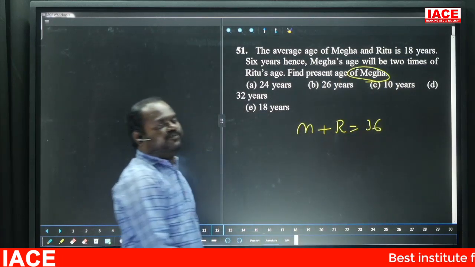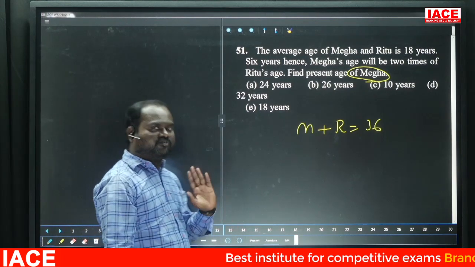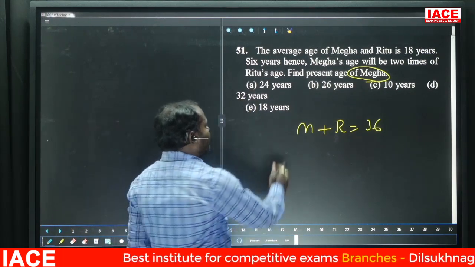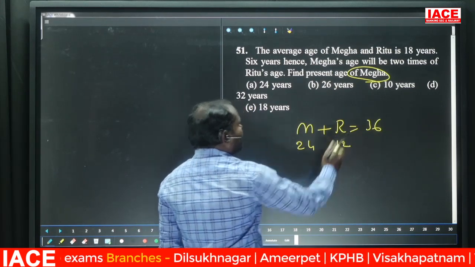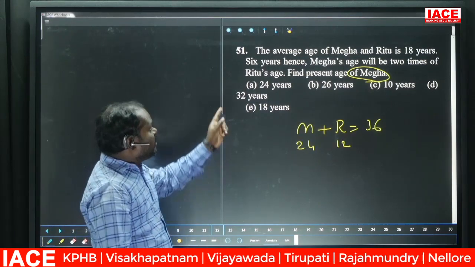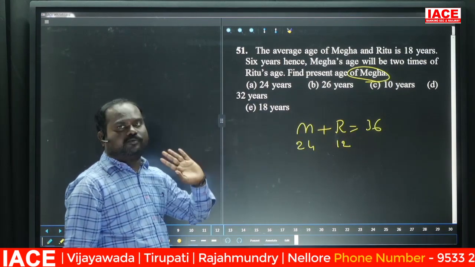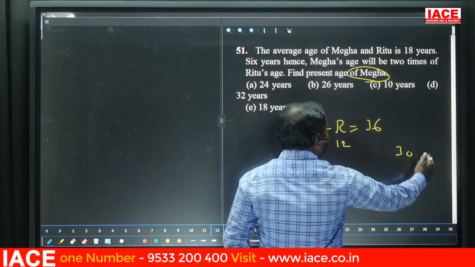So our options are Megha's values. We go through the options. As per the first option, if Megha is 24, Ritu will be 12, because the sum should be 36. Shall we see whether the condition will be satisfied? 6 years after, Megha will be 2 times. After 6 years, 30 and 18.